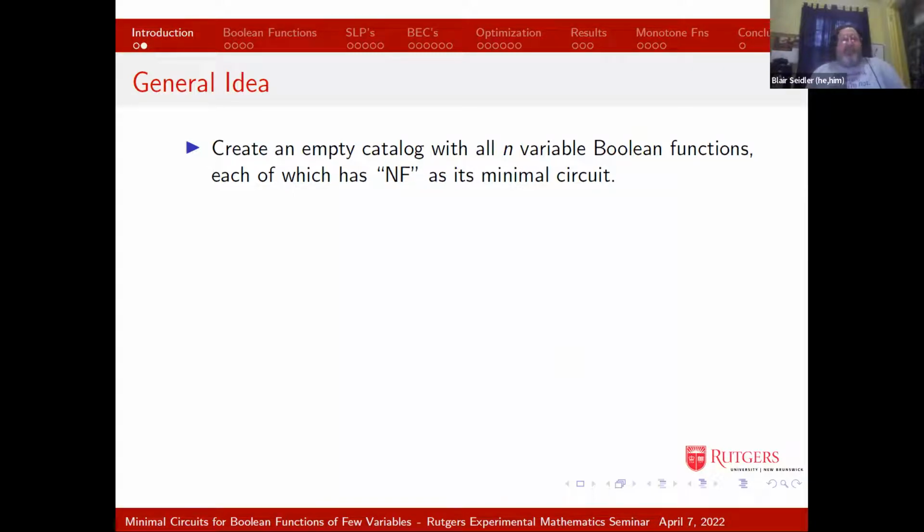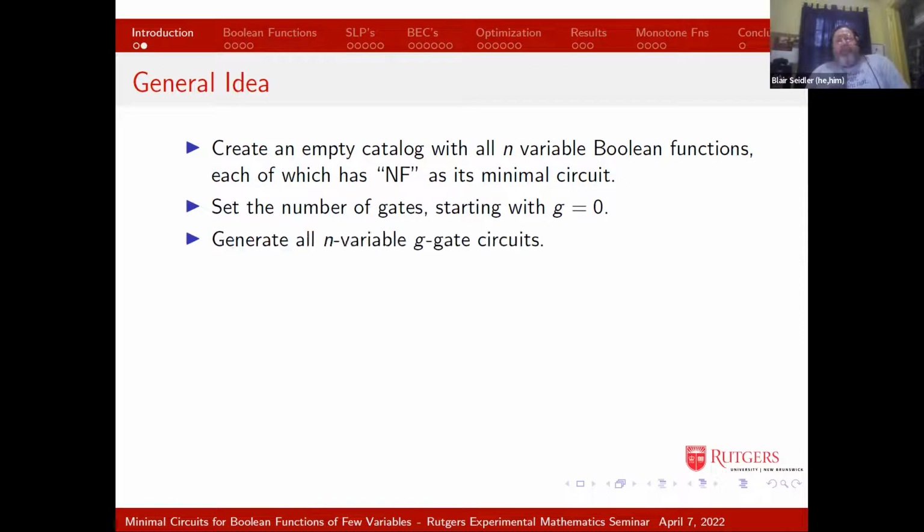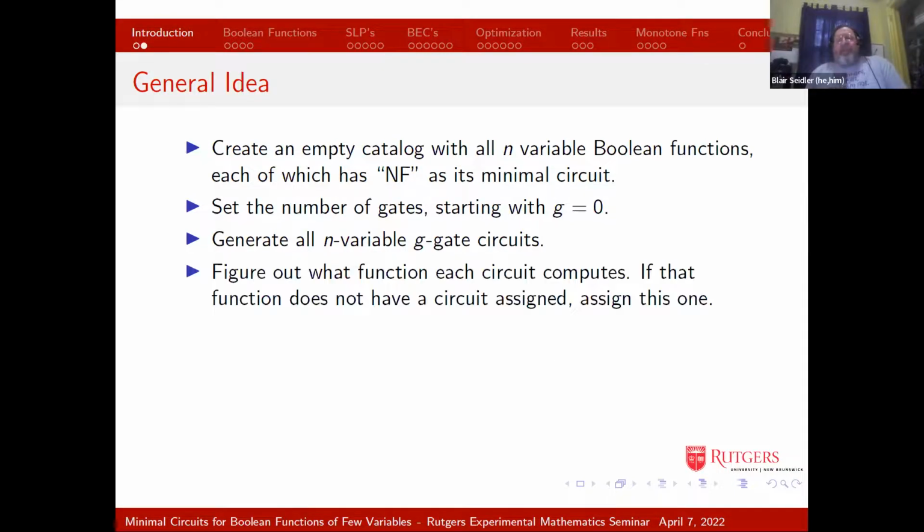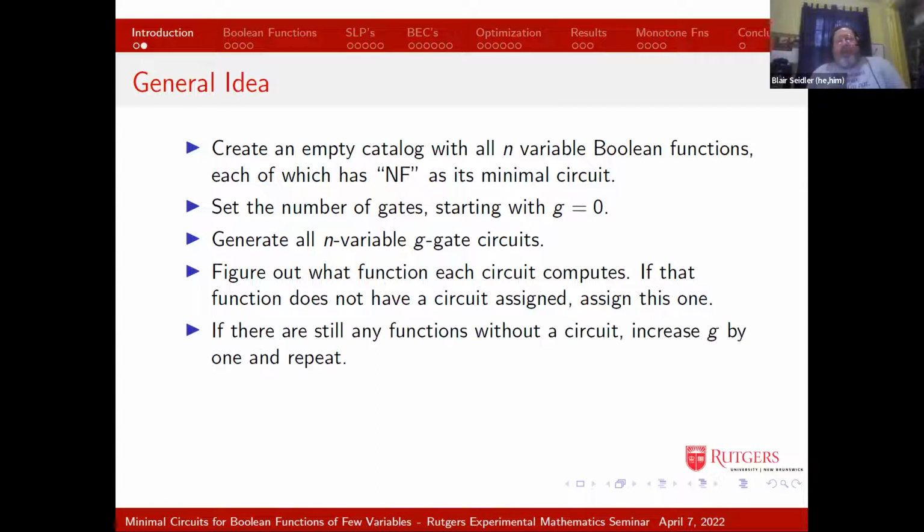Then we start with zero gate functions, generate all of the possible circuits on that many gates, and figure out, just by throwing every possible input at the circuit, what function it computes. If we haven't found that circuit before, we say, okay, now we have a circuit that computes that function. And if we haven't found all the functions yet, add 1 to G, start over. So that's where we're headed.